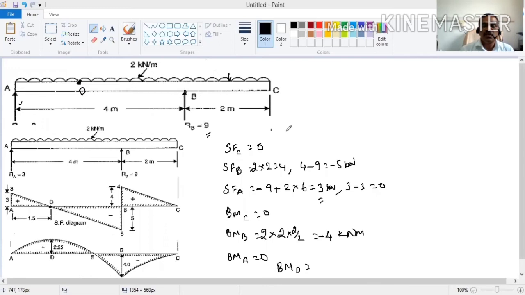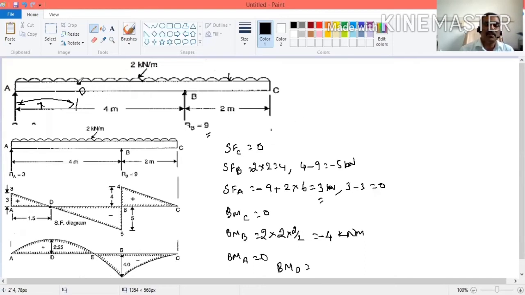If shear force is equal to 0, you write the equation and equate the shear force to 0. What is the value of RA? We know RA is 3 kilonewton. I am writing the shear force at this point. Either right side or left side; here I think the left side will be easy. I am taking this distance as x.